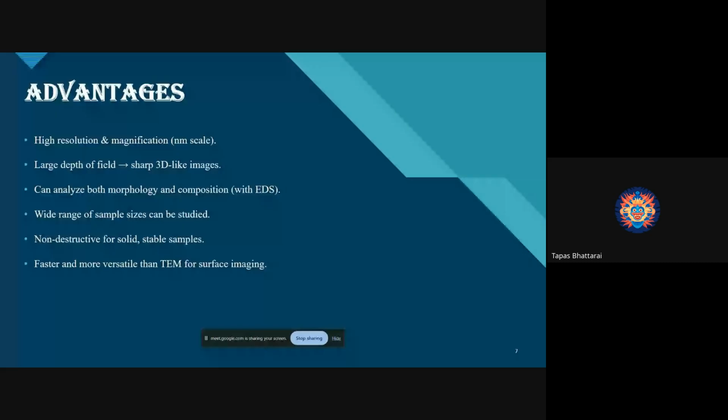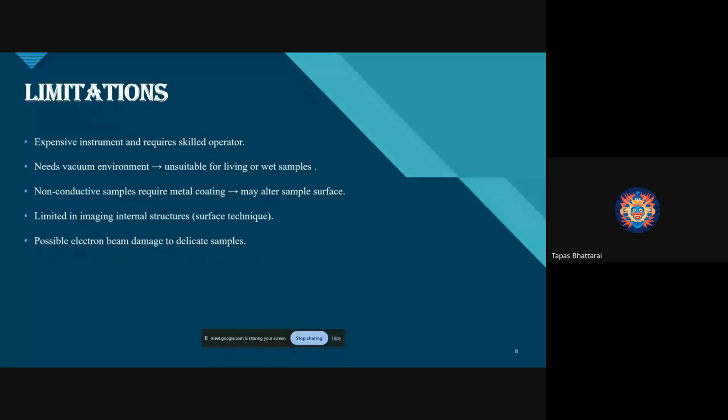However, it has some limitations. Some of its limitations would be that it is an expensive instrument and requires a skilled operator, and SEM must work in a vacuum environment, which makes it unsuitable for living or wet samples. And third would be non-conductive samples need a thin metal coating such as gold or platinum, which can sometimes alter the natural surface of that particular sample.